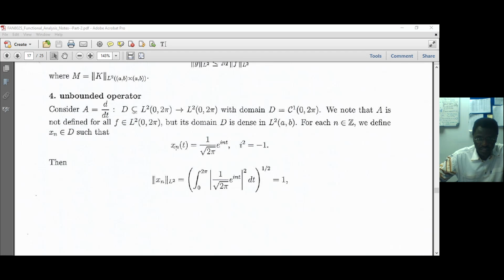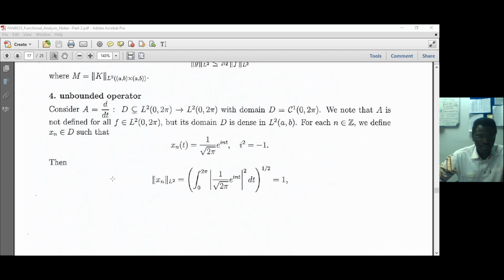So we already have that advantage. They are all in the domain, that is C1 over the open interval 0 to pi. Of course, i here is the complex number such that i squared is -1.